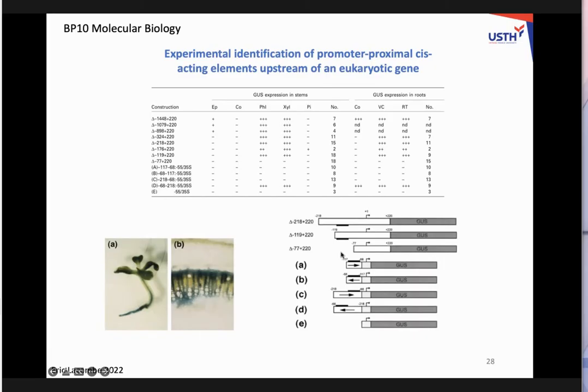But when we fuse the -119 till -77 region to the -55 minimal promoter, the precise location of this regulatory element relative to the transcription start is not at all the same position as in the endogenous promoter.